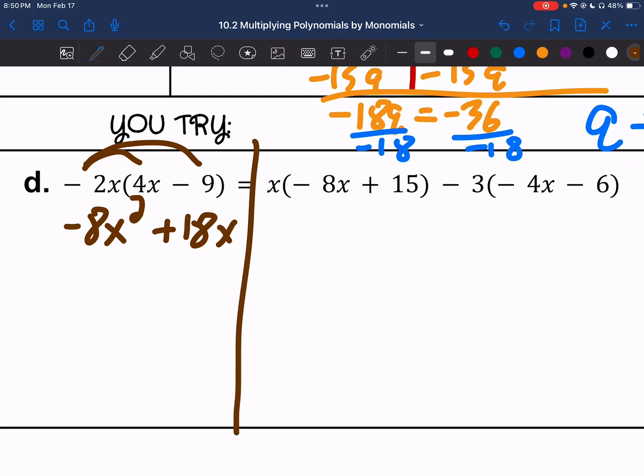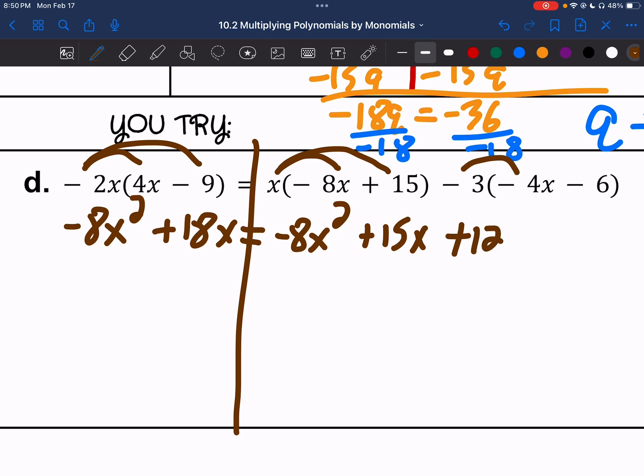We have our equal sign and our dividing line. X times negative 8x is negative 8x squared. X times 15 is plus 15x. Negative 3 times negative 4 is plus 12x. Negative 3 times negative 6 is plus 18.